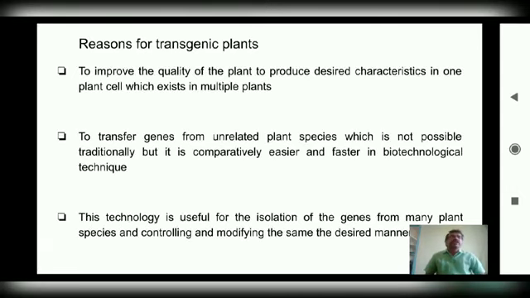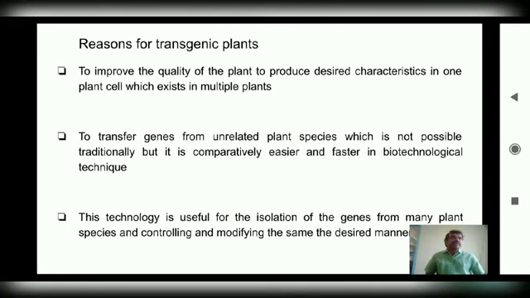So why we need to develop these transgenic plants? What are their applications in the field of agriculture? So the first reason being to improve the quality of the plant to produce a desired characteristics.